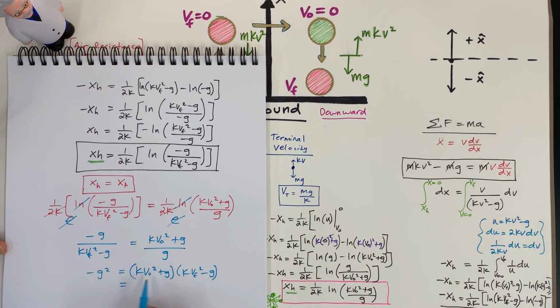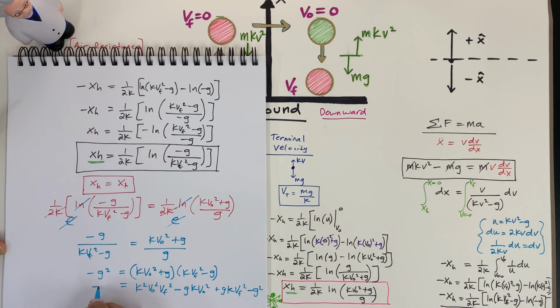This term is going to be k squared v initial squared v final squared. This term and this term: minus g k v initial squared. Here we got plus g k v final squared, and the last term we got minus g squared.